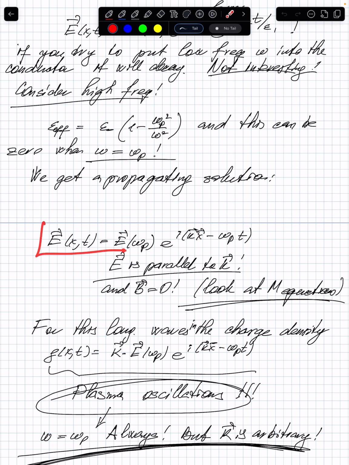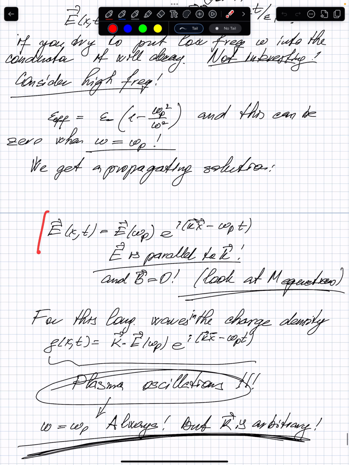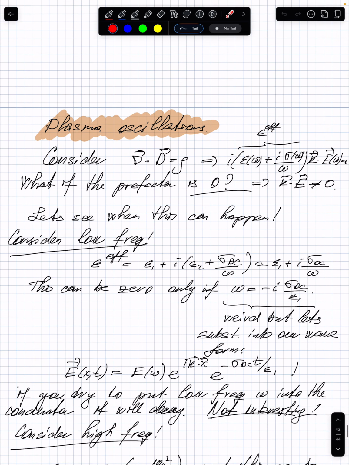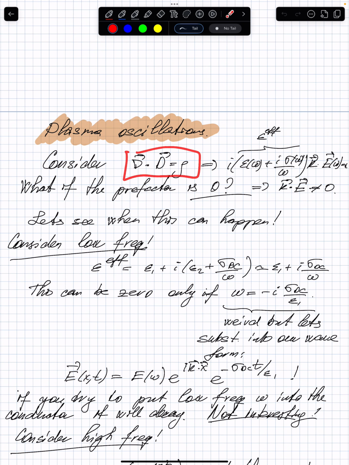This is called a longitudinal wave. For this longitudinal wave, you take Ohm's law and the continuity equation, as we did last time, and substitute it over here. You can see it also from this expression here: k dot E equals rho.